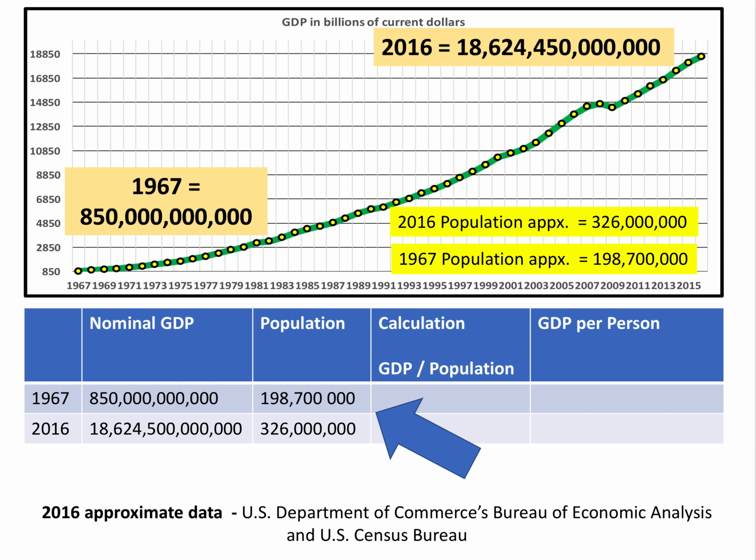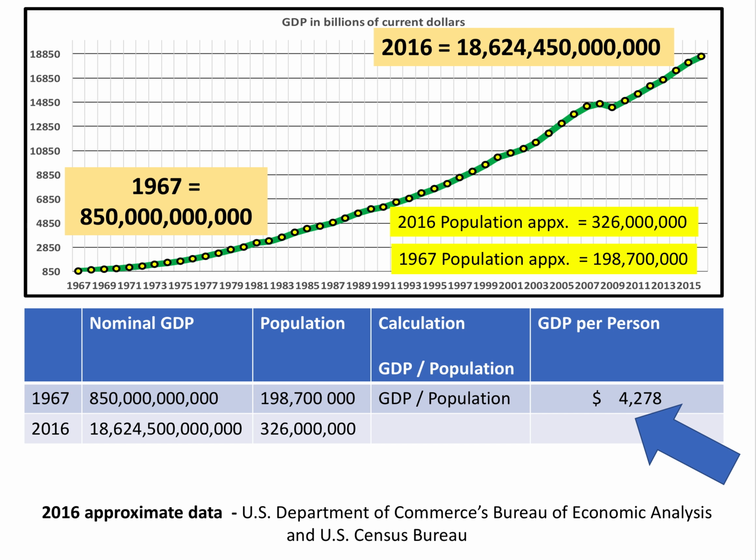So, if we divide the population each year into the gross domestic product, we see in 1967 the average gross domestic product of the country per person would have been a little over $4,000 a year. So about $4,278 per year.